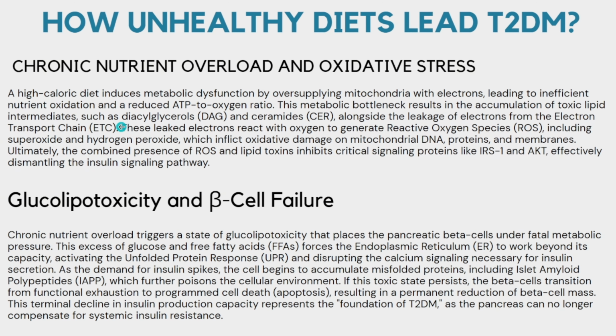This is too much, the ETC has a limit, so the leaked electrons react with oxygen to form ROS. These ROS and lipid intermediates will affect the insulin signaling pathway, meaning that when insulin binds to the liver cell, the skeletal muscle, or the adipose tissue, they cannot signal your cells to work anymore.